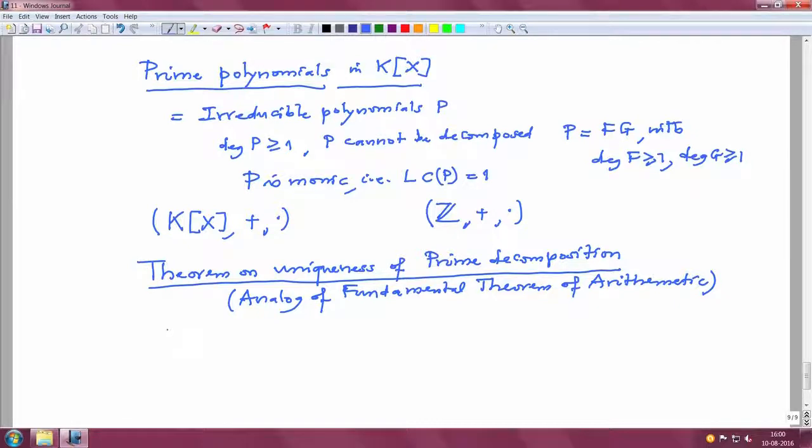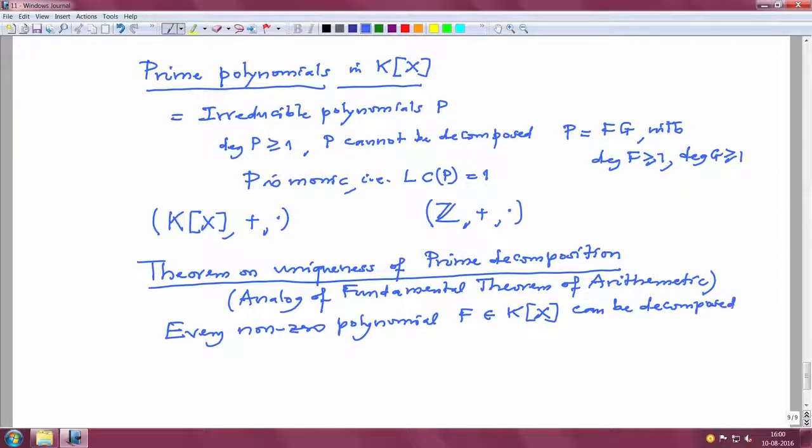This theorem says that every non-zero polynomial f in K[x] can be decomposed uniquely, and when one says uniquely, that means up to an order, into a product of prime polynomials.